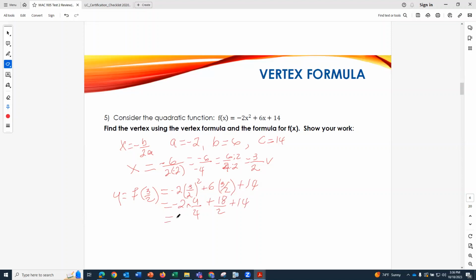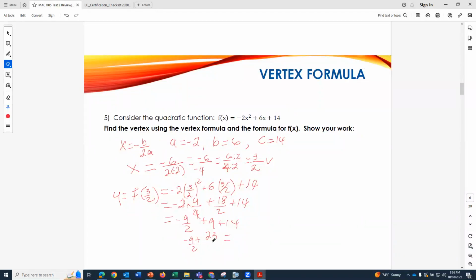This one becomes negative 9 over 2, and 18 over 2 becomes 9, plus 14, and 9 plus 14 is 23. You have negative 9 over 2 plus 23.